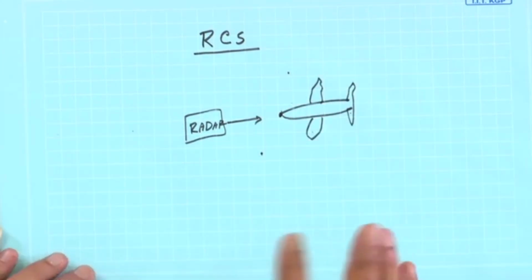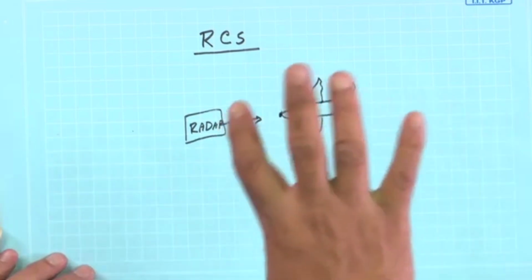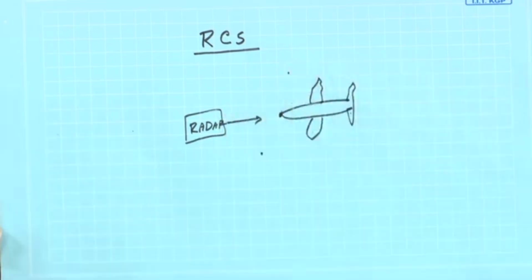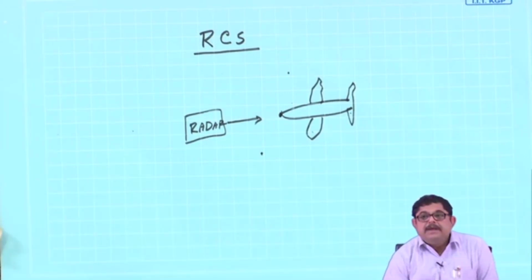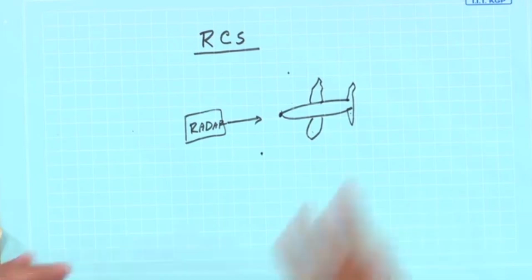So, for measurement, if it is an aircraft you will have to move it, or a ship you will have to move it. That is a huge technical challenge, but people have made it possible, for ships, in the sea, to rotate.